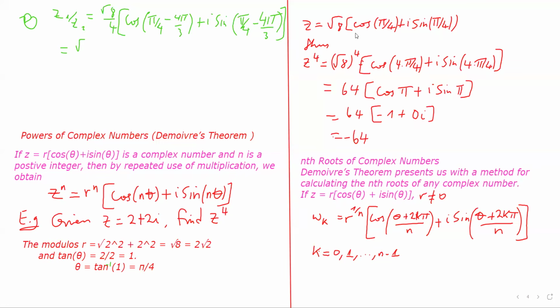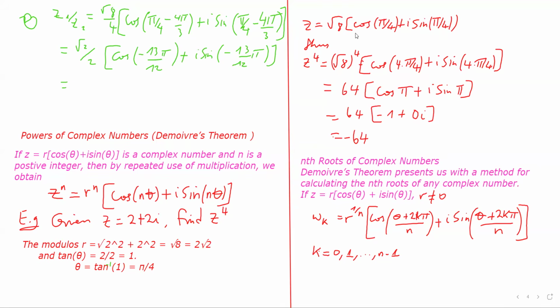So here you have square root of 2 over 2, and then now you have cos minus 13 pi over 12 plus i sine minus 13 pi over 12.